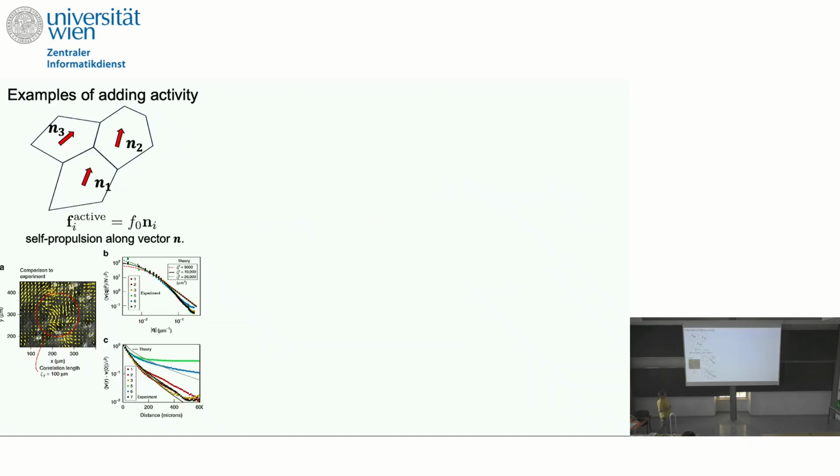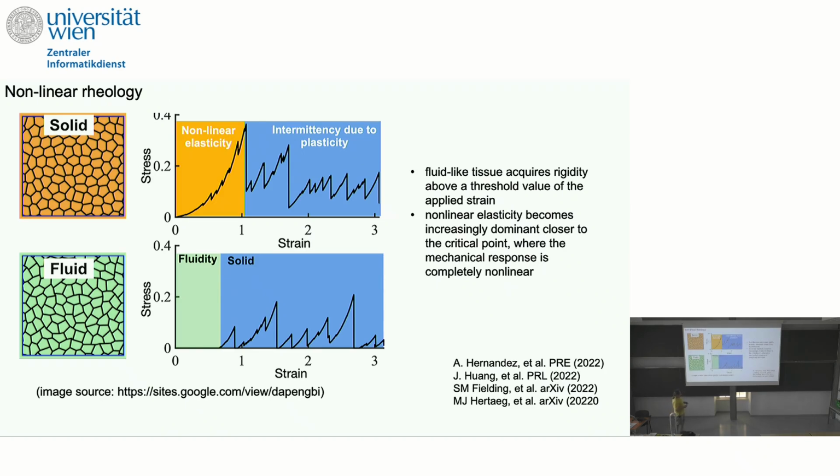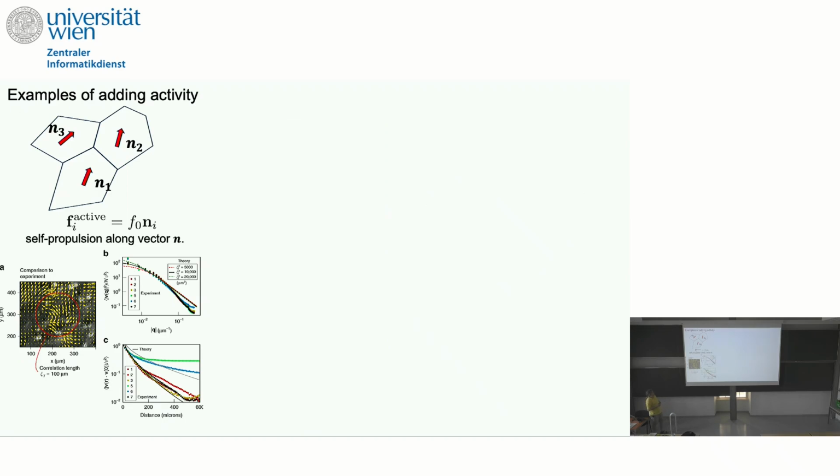So what we've done, so why I like the Vertex models, is because they allow us to do some interesting biology, right? You can augment them. You can have this basic framework of the mechanics, which I'm going to discuss in a second, and then you can augment this by adding activity. There are multiple ways you can add activity. For example, what Max did and what we also did, you essentially just assign the activity to the cell center.